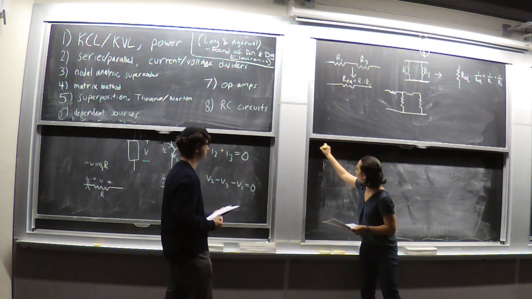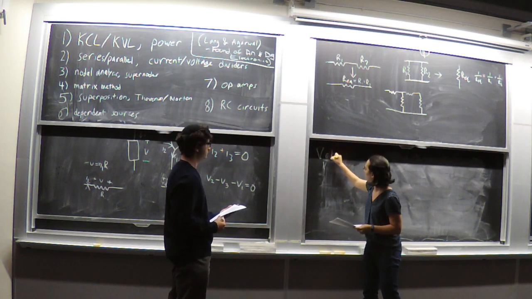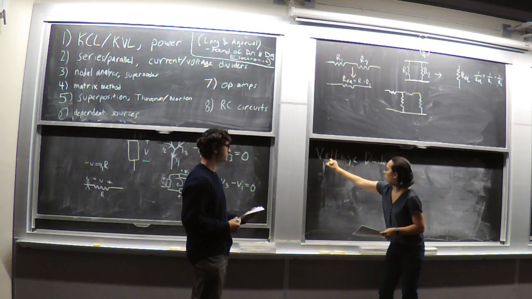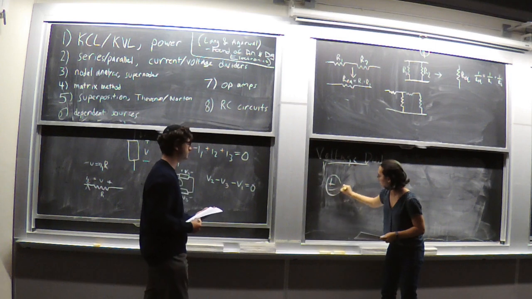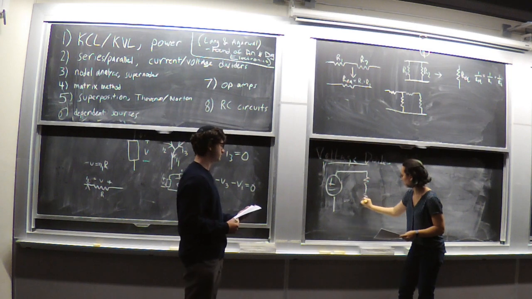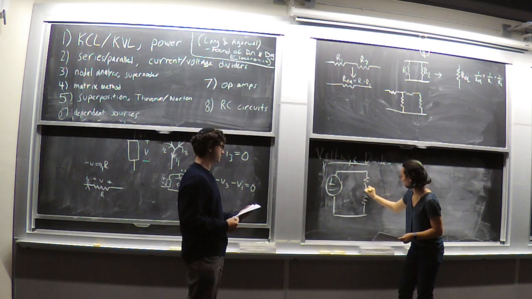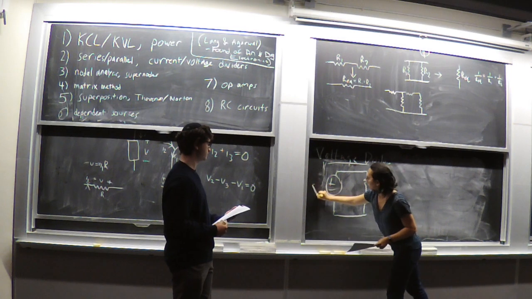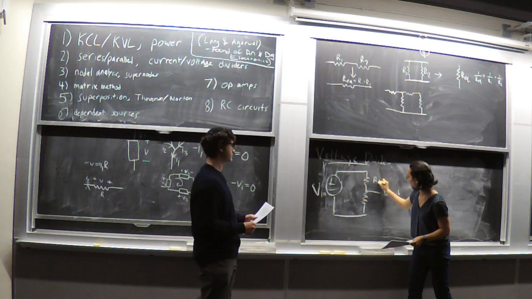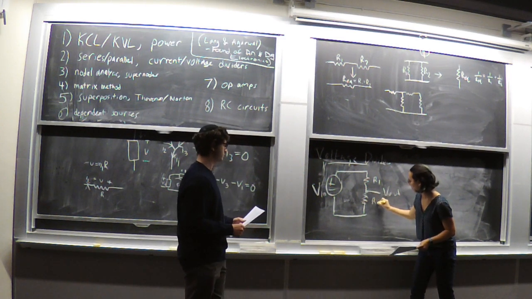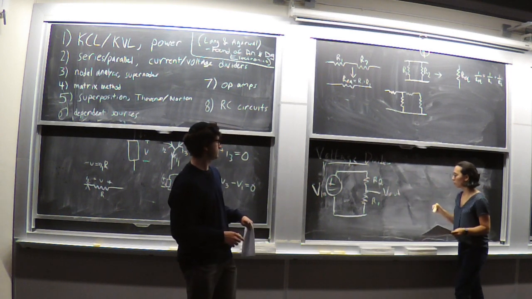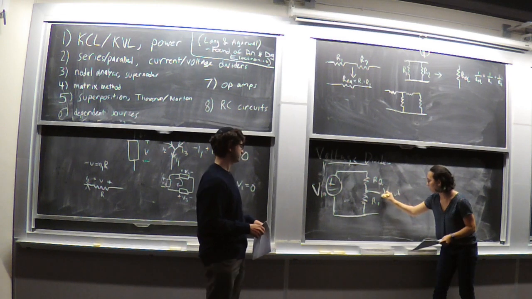Okay, so just a review of voltage divider. So we have a voltage source. So we have V in and we have V out.